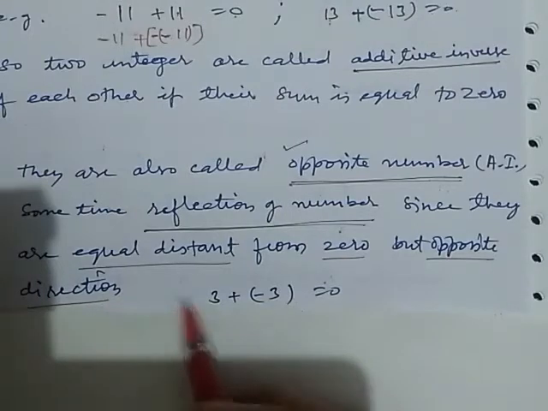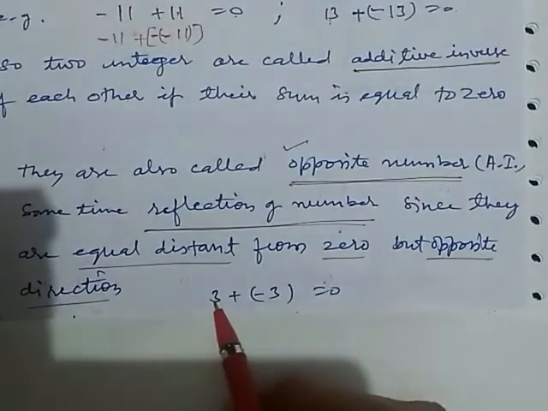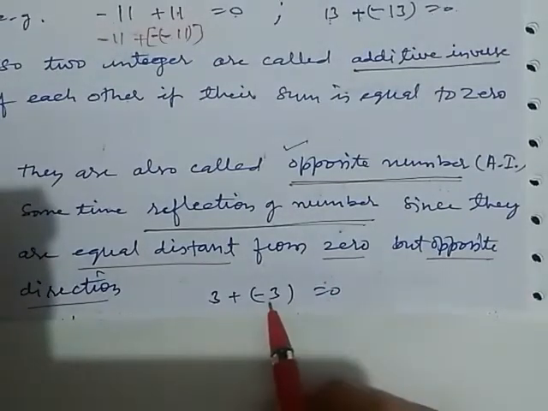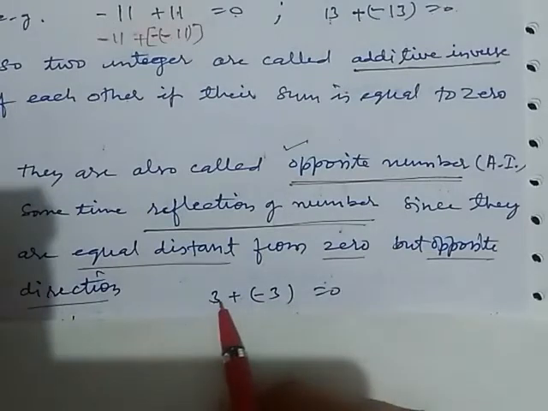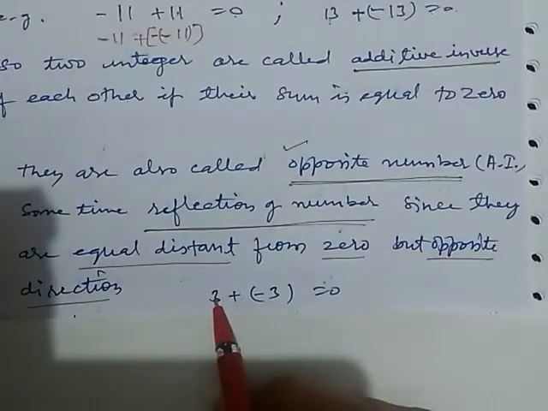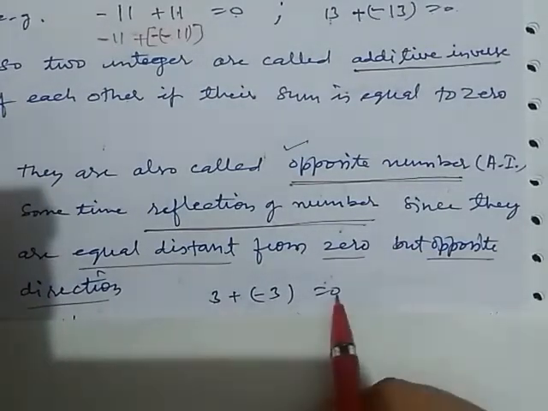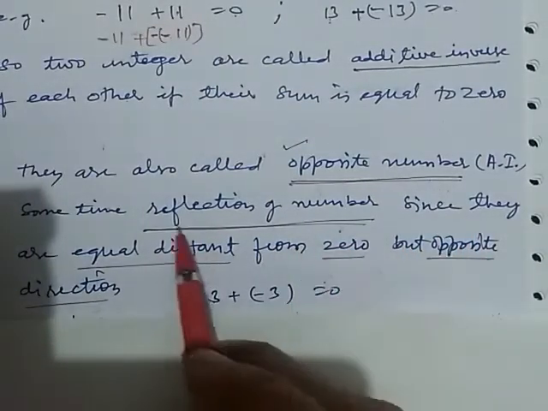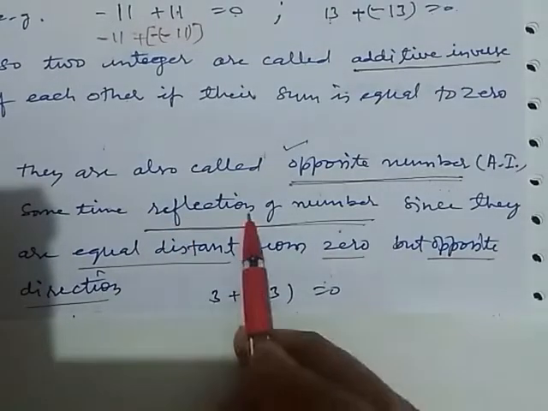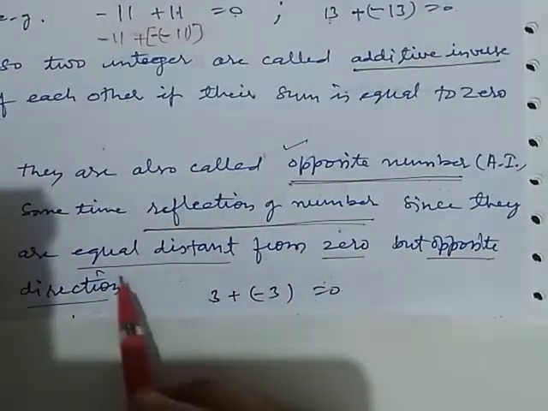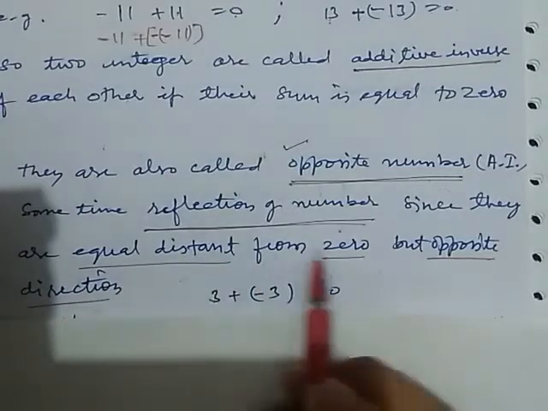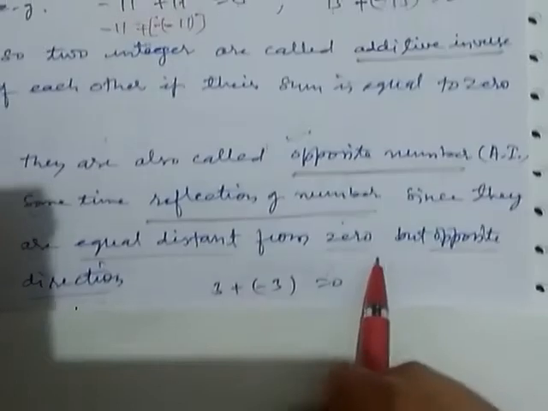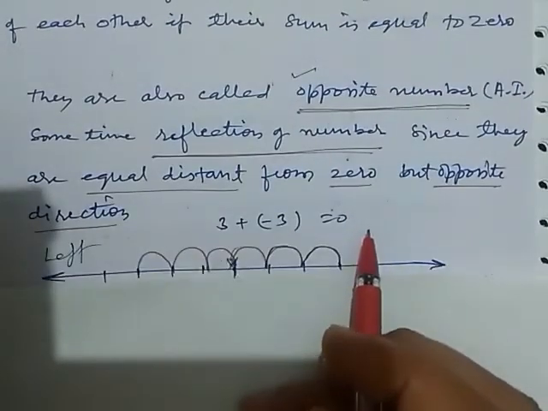How? When we write 3 plus minus 3 equals 0, it means minus 3 is the additive inverse of 3, so the sum of both becomes 0. But how can we say these numbers are reflections and equal distance from 0? So we take help from the number line. We have to plot them on the number line.